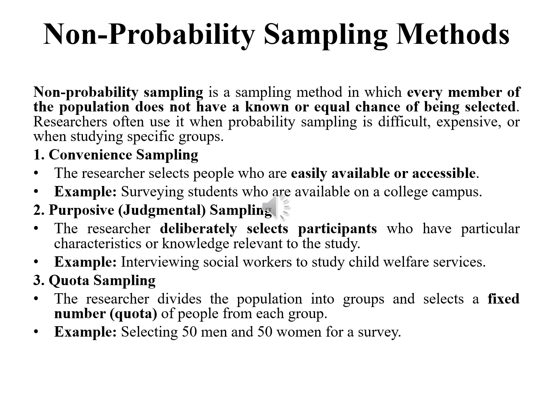Here the researcher selects people who are easily available or easy to reach. For example, a researcher wants to study students' opinion and surveys students who are available in the college cafeteria. Choosing whoever is easily available is called convenience sampling.